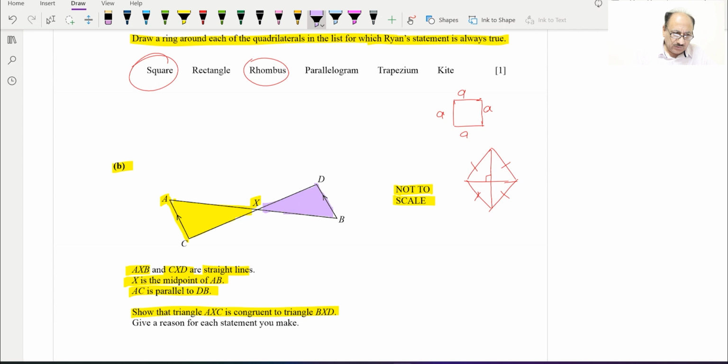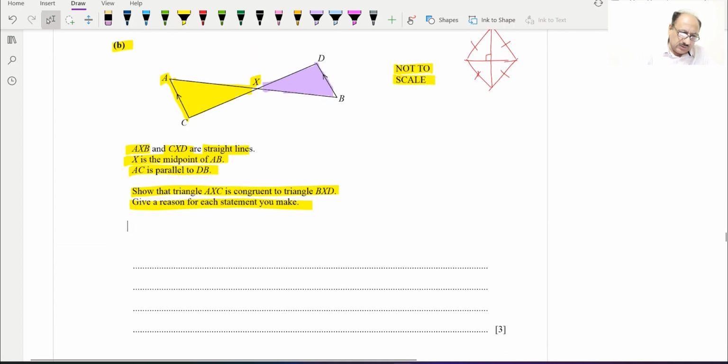They are saying give a reason for each statement you make, and we can write angle CAX will be equal to angle DBX, because these are parallel, so this angle will be equal to this angle.